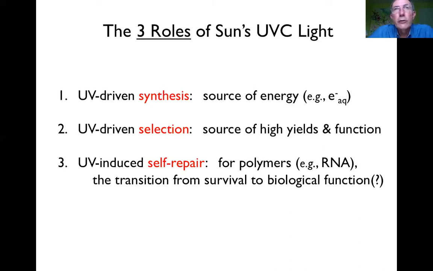But what is a new realization now is that UVC light is capable of not just providing the source of energy for synthesis, but also the source of energy for cleaning up, or as you call it, chemical selection. Now, the UV-induced self-repair is actually the same process conceptually, but now applied to polymers. When you have polymers, UV light can induce lesions, as they call it in modern life, or defects, damage the polymers.